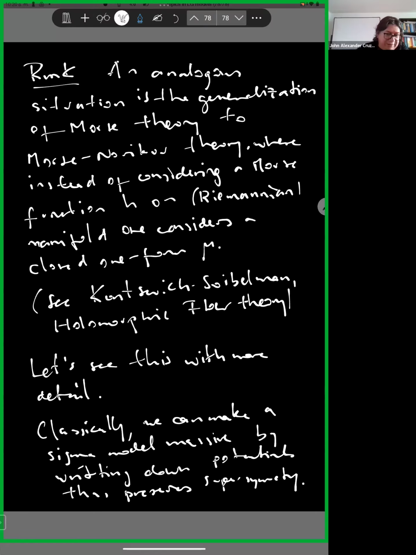Let's see: there are two kinds of potential that can be added.